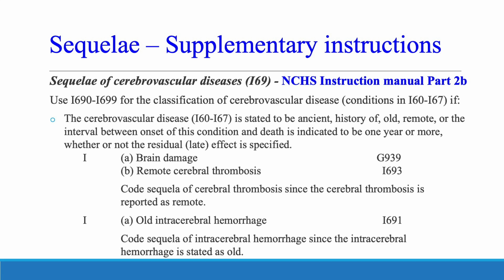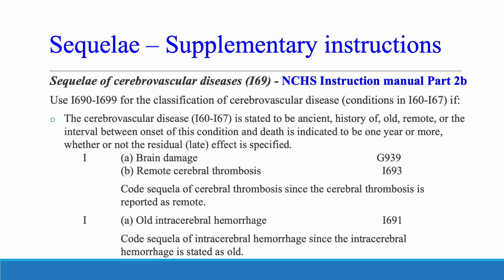Next instructions still for the use of I69 to represent cerebrovascular diseases as a sequela if the cerebrovascular disease is stated to be ancient, history of, old, remote, or if the interval between onset of the cerebrovascular disease and death is indicated to be 1 year or more, whether or not a residual effect is specified.